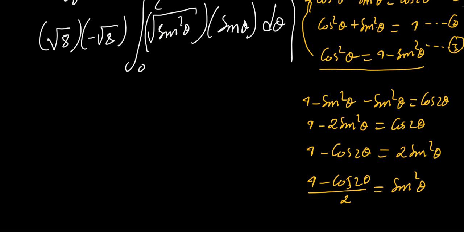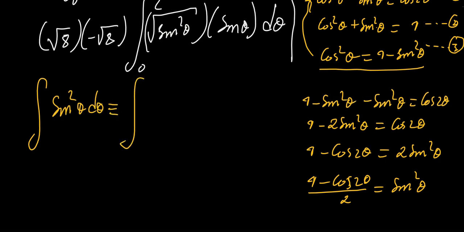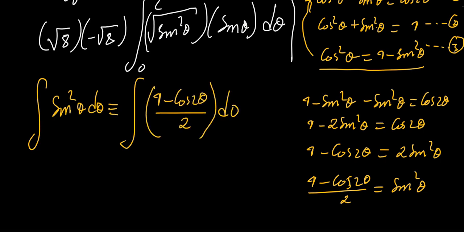So instead of looking for the integral of sine square theta d theta, this can be written as the integral of 1 minus cos 2 theta on 2 with respect to theta. So that's what we are computing.